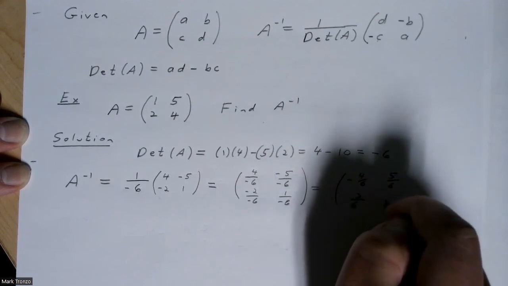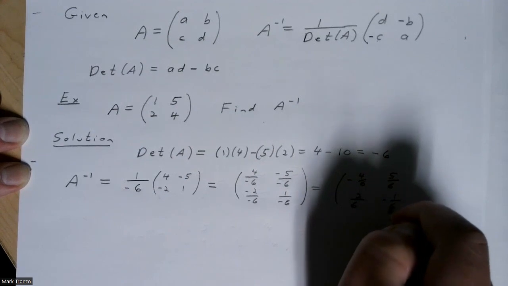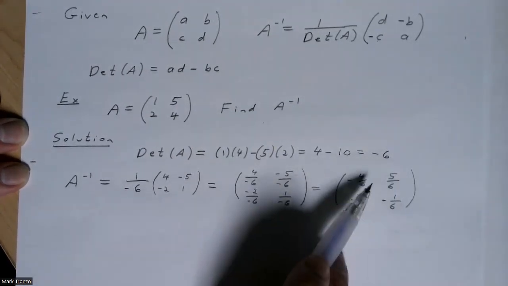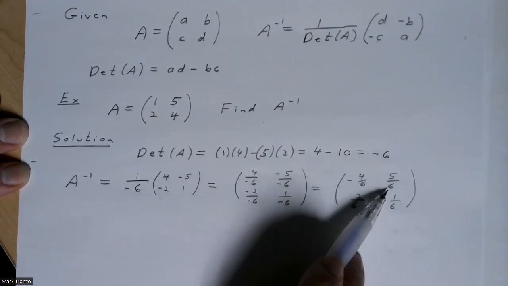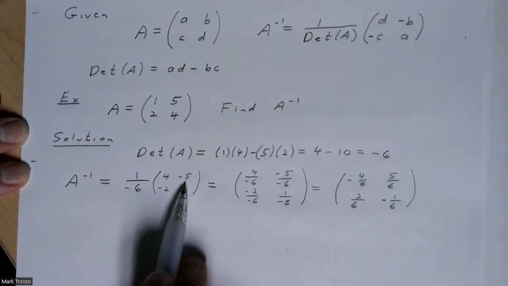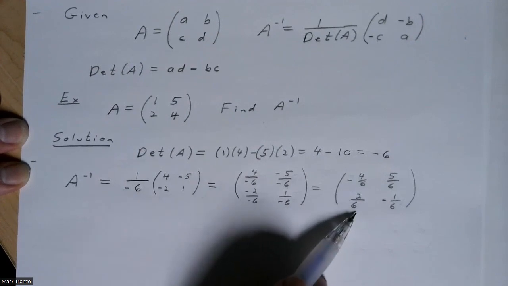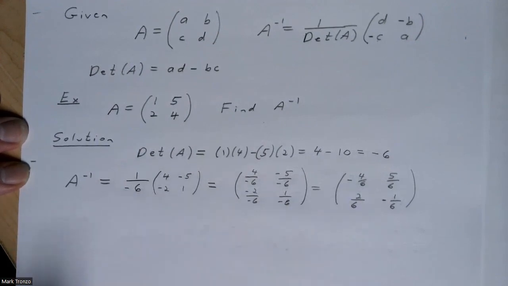So let me just leave those on like this. So just double check. So this was negative 4, 6. The two negatives canceled, 5, 6. The negatives here canceled, 2, 6, negative 1, 6.